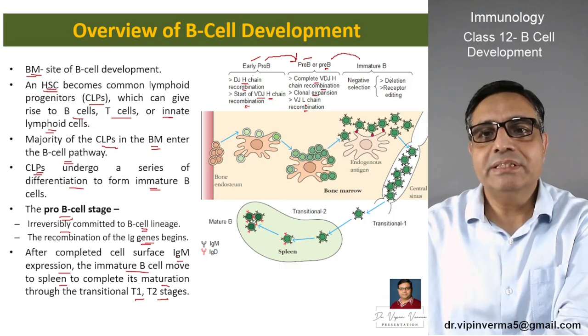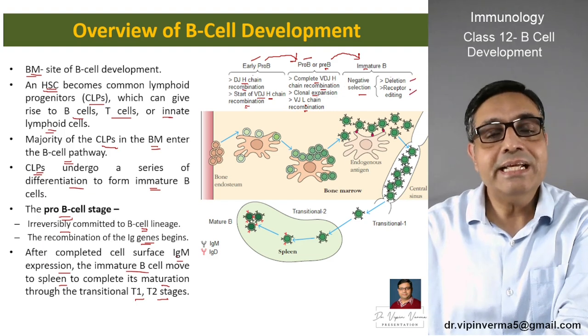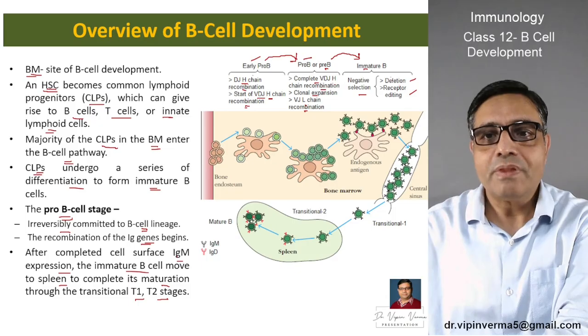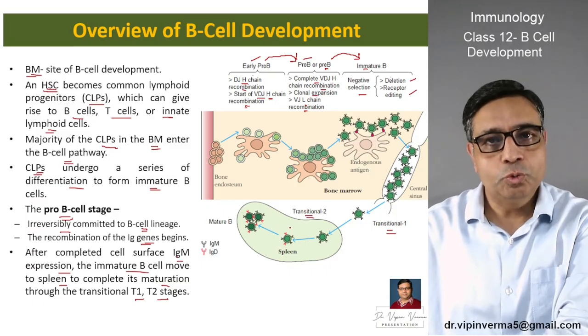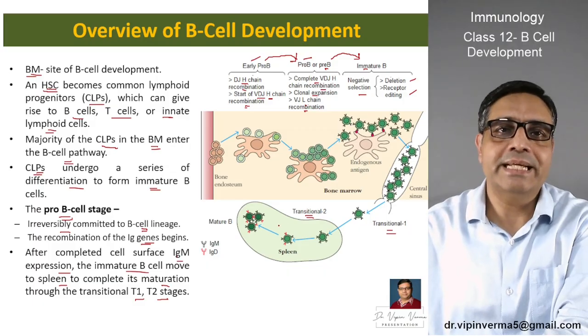The next stage in development is the immature B cell, where we see negative selection, with deletion and receptor editing taking place. From here, the cells go to the spleen as T1 cells, or transitional 1 cells, and then T2 cells, which form the transitional 2 cells. So what are these T1 cells and T2 cells? We will see in the later slides.